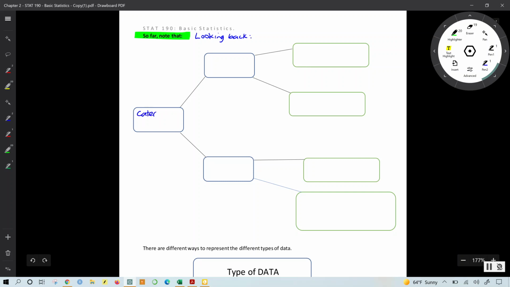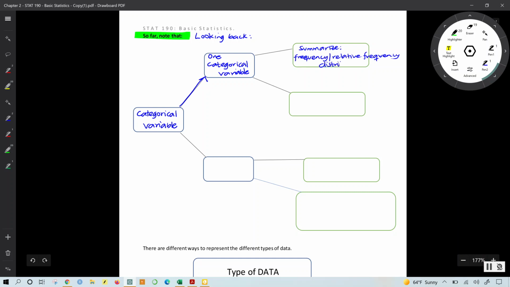We started by talking about categorical variables, and we first considered just one categorical variable by itself on which data has been collected. We saw that we can summarize this categorical variable by using either a frequency or relative frequency distribution table.